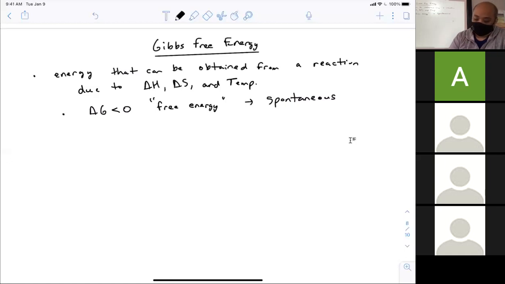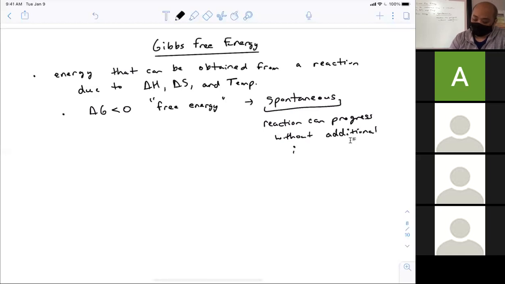So spontaneous again means the reaction can progress without additional influence. That means you don't have to add any more energy to keep it going.